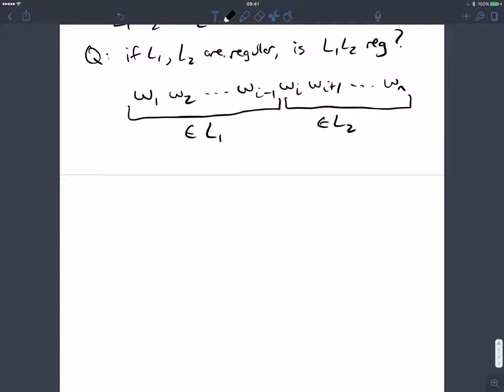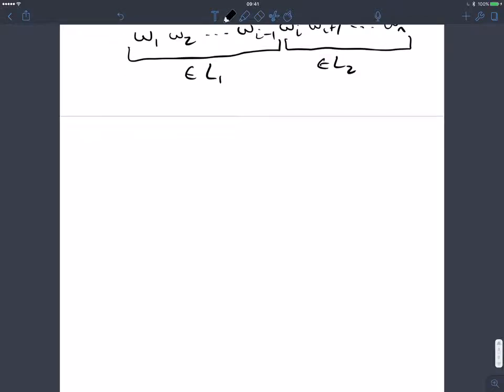In this model we're going to come up with, this guessing thing is going to make concatenation a lot simpler. And then eventually we're going to show that this generalized model is equivalent to DFAs. And that will be our proof that regular languages are closed under concatenation. All right. Any questions before we go into the cool stuff?